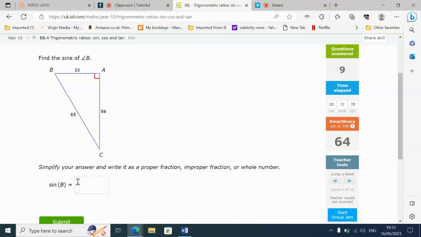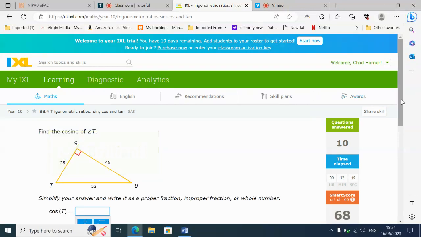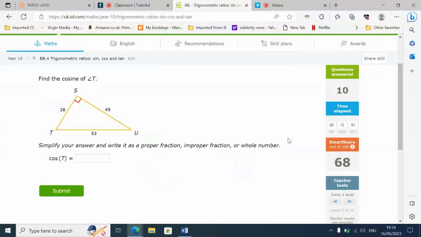And hypotenuse is 65. Okay, so we've got the numbers. Can we simplify this? No. Okay. Well done.